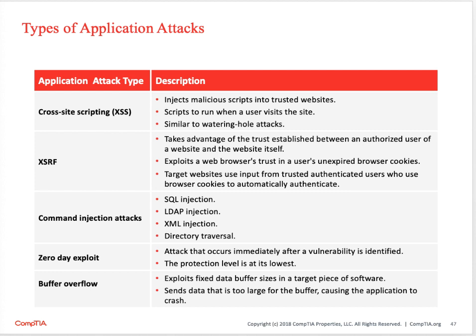Then we have XML injection, an attack that uses XML query data. XML is extensible markup language. It's kind of like HTML. The attacker gains access to the XML data structure and inputs malicious code that is then read on the server and maybe messes things up.